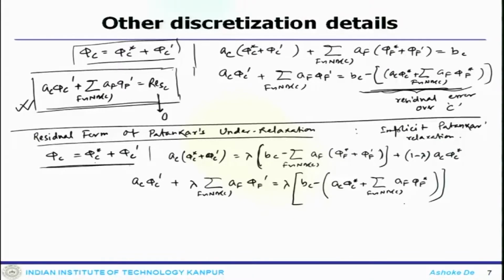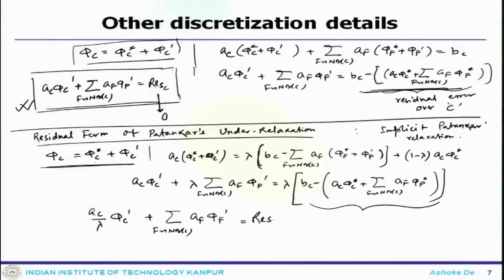So, the right hand side essentially shows the residual of the original equation, and if this is the residual error over C, it can be reduced down to A c divided by lambda phi c prime plus summation over nb of A f phi f prime equals the residual of C.